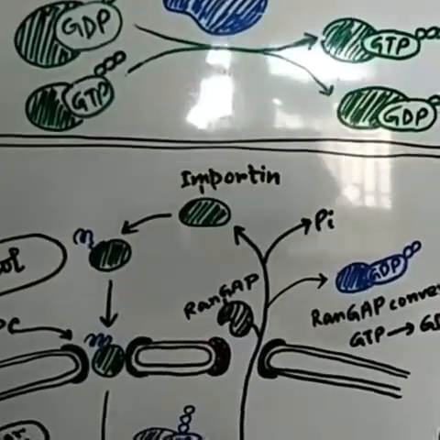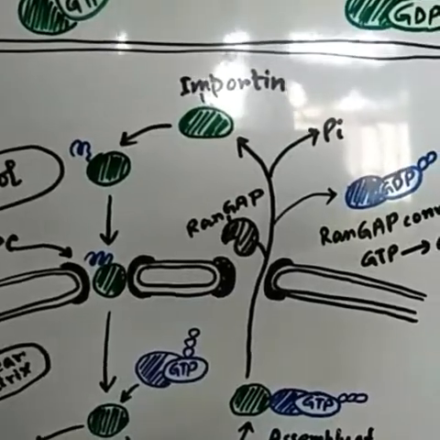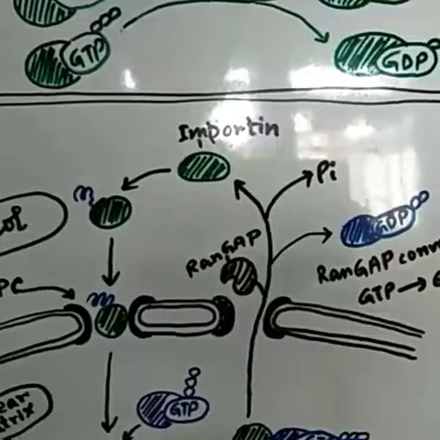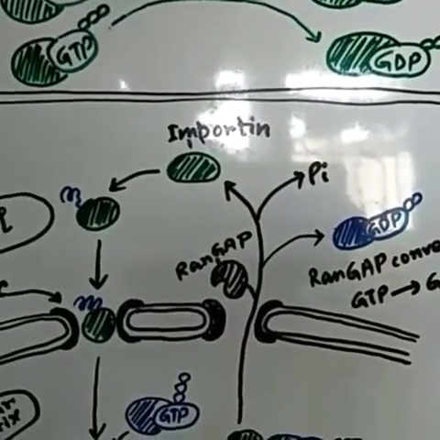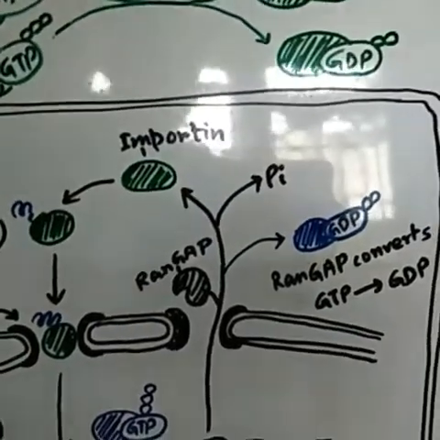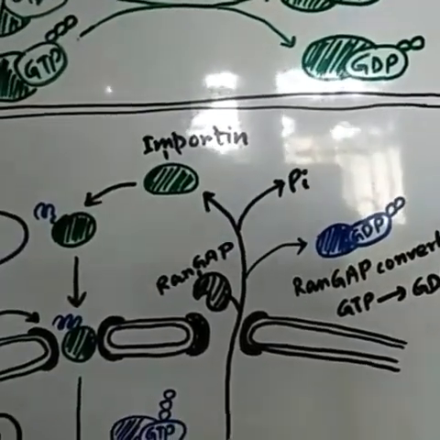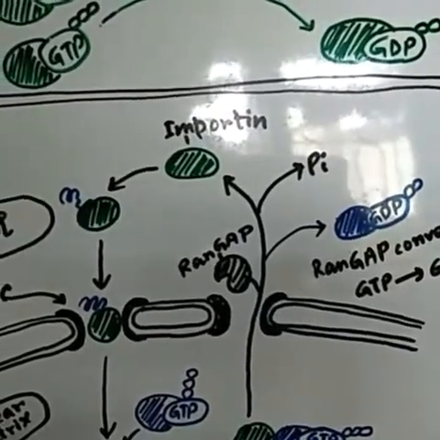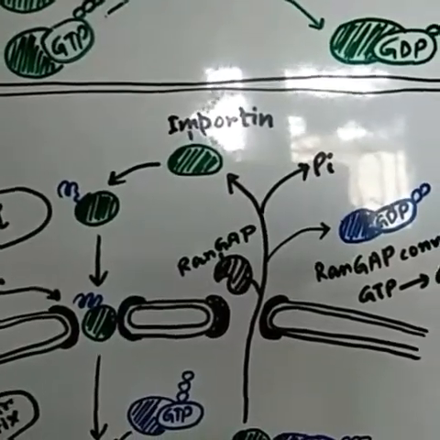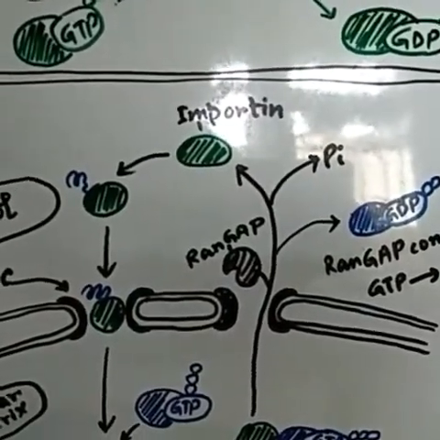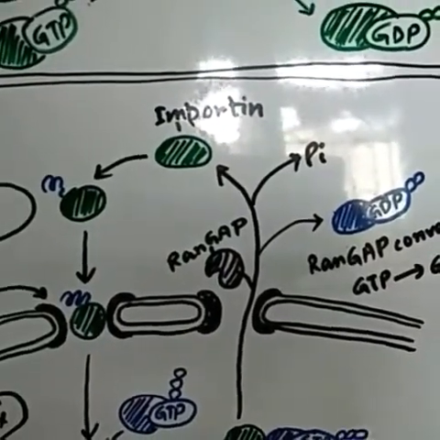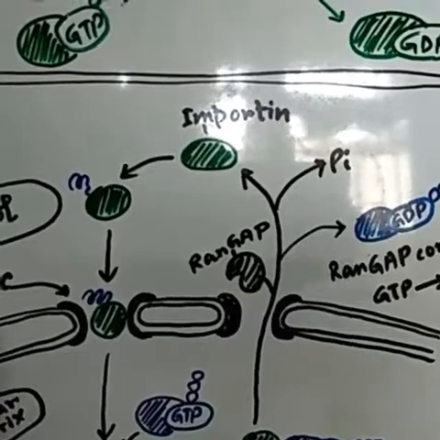Number 2, the diagram, shows the import mechanism, and in this case importin is the important protein which helps in the import of components into the nucleus. What is the function of importin? Firstly, the component, the protein or signal peptide, whatever it is, binds with importin, and then importin transports it inside the nucleus through the nuclear pore complex. Yes, this is the nuclear pore complex.